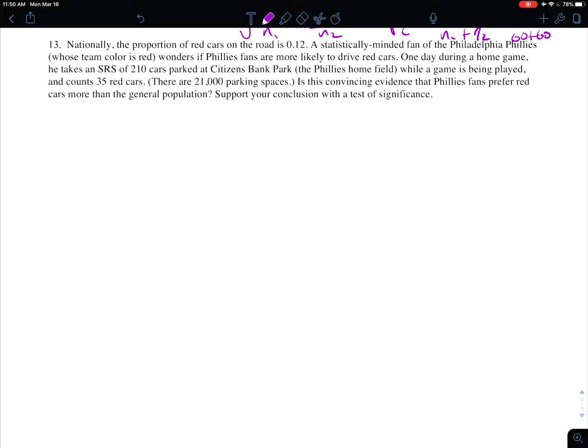The first question, question number 13 here, we're looking at the proportion of cars that are red, and nationally that's 12%. And a Phillies fan who likes red cars wonders if they're more likely to drive red cars in Philly.